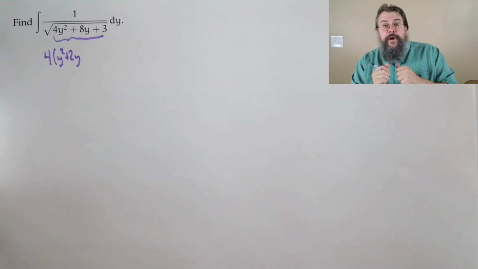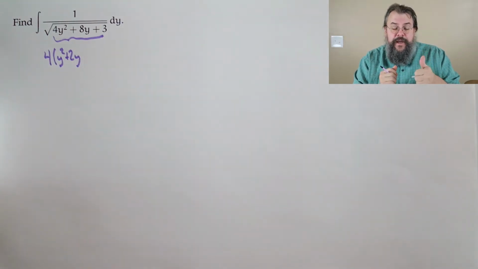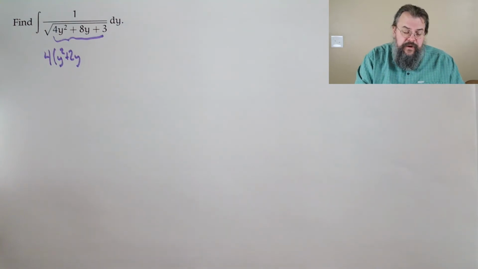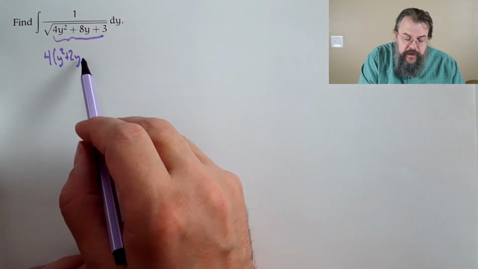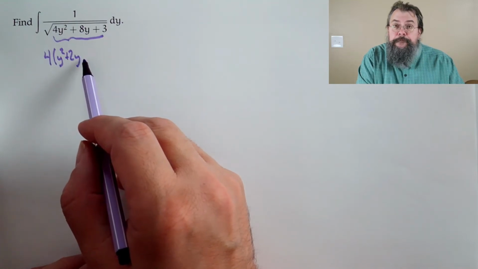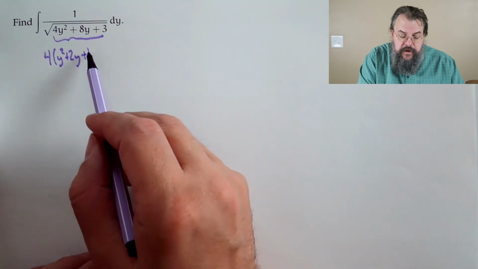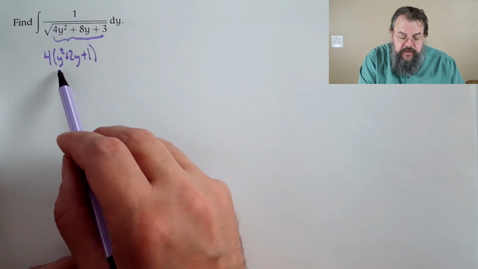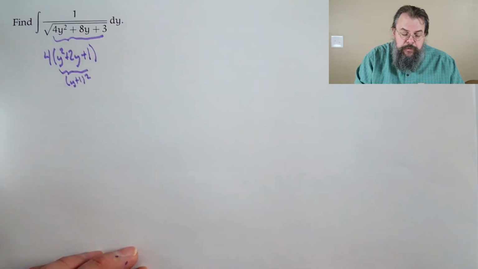And in completing the square, you want a 1 in front of your quadratic term. So that's why I'm pulling the 4 out. So what would I need to add to get a nice perfect square? I need to add 1. That would give us y plus 1 squared, which is great. But let's be careful here.